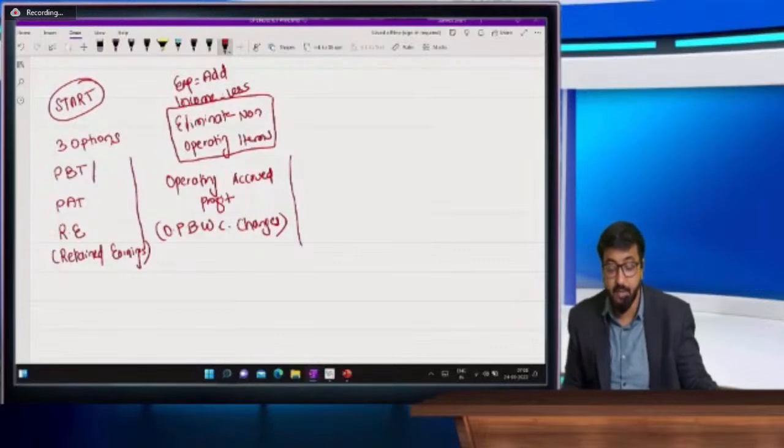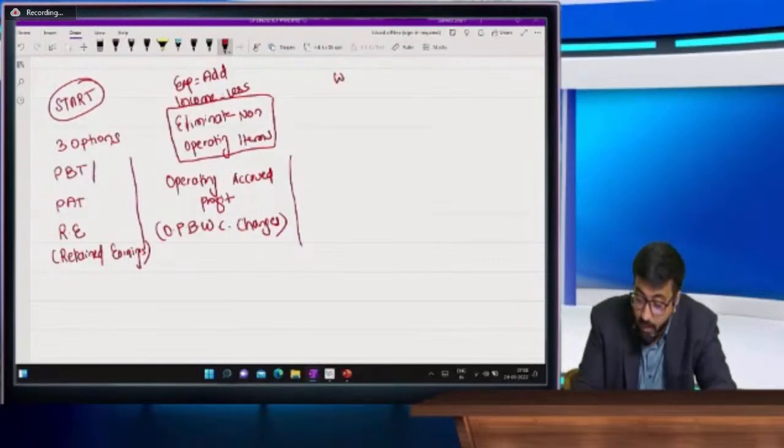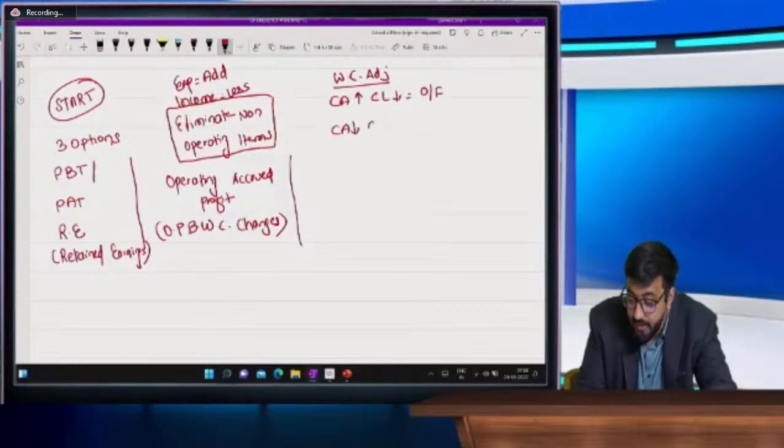And after that, working capital adjustment. Working capital adjustment means current assets increase, current liability decrease, it is outflow. Current asset decrease, current liability increase, it is inflow, to get cash from operating profits.